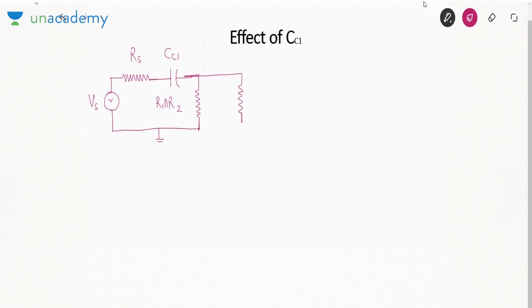Then we had a resistance beta RE. Ammeter terminal will now be grounded. This current source was beta IB, where IB was the current in this beta RE. I will not consider R0. RC was the resistance between collector and ground. Since CC2 is shorted, it will be connected in parallel with RL.